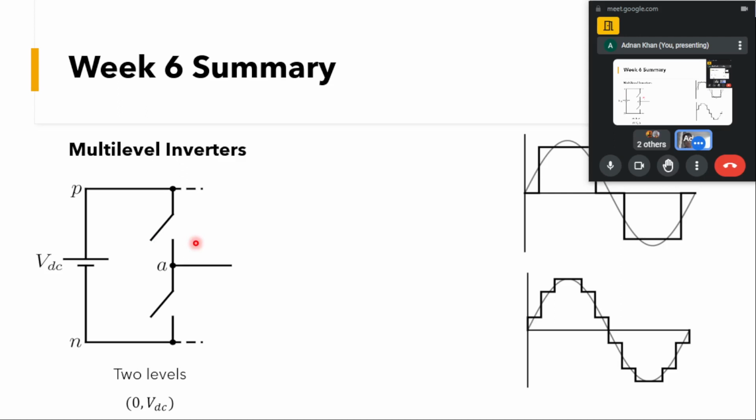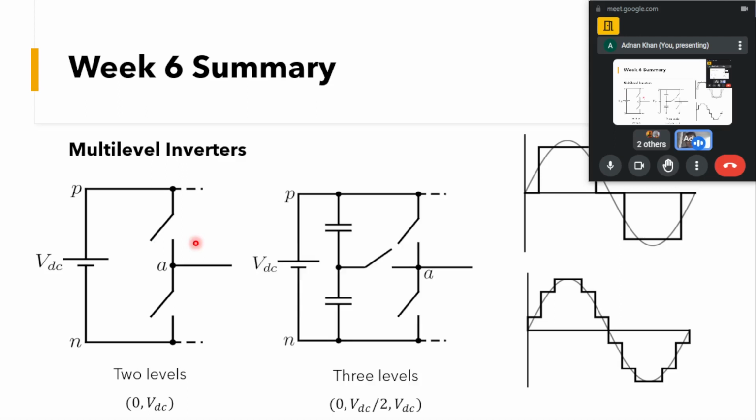Now we'll see a topology by which we will be able to generate 3 levels. I have connected two capacitors in series, in parallel with the input DC, so that if they are similar, we can divide VDC into VDC by 2 here.